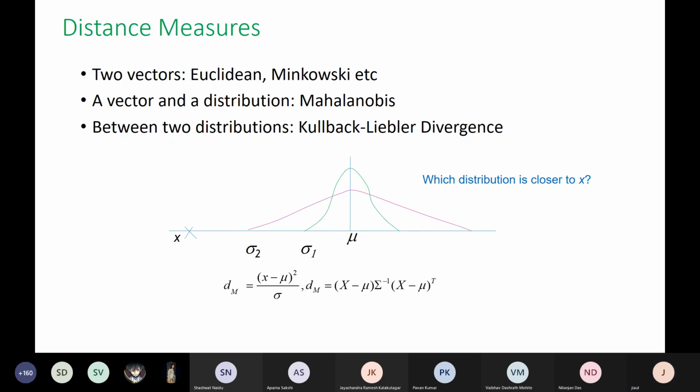Why not Euclidean? The problem with Euclidean is that when you are dealing with a probability distribution and a vector, they are not compatible on the same scale. X is a vector of some feature values, and the other one is a probability distribution. Because they are not on the same scale, you cannot use Euclidean or Minkowski, etc.